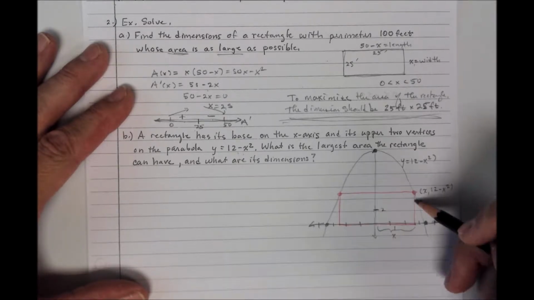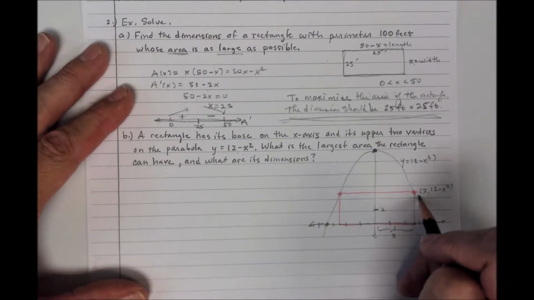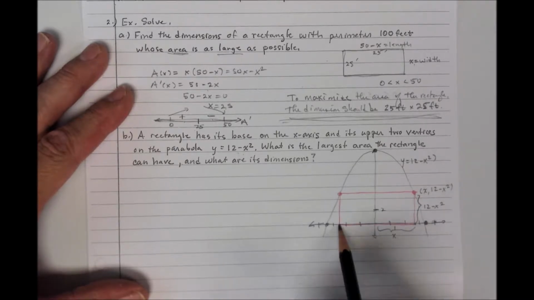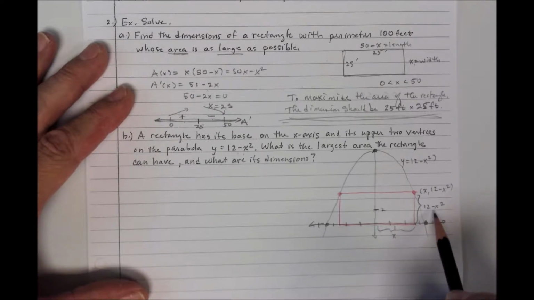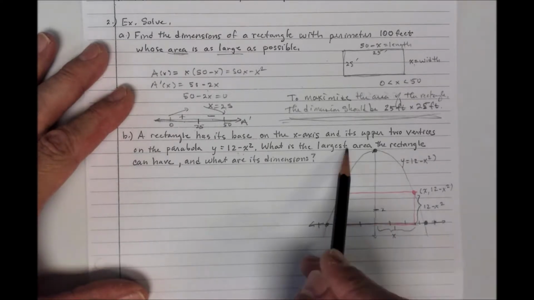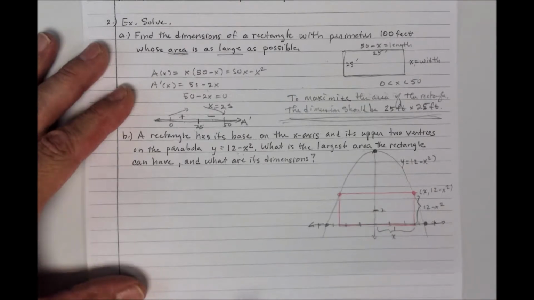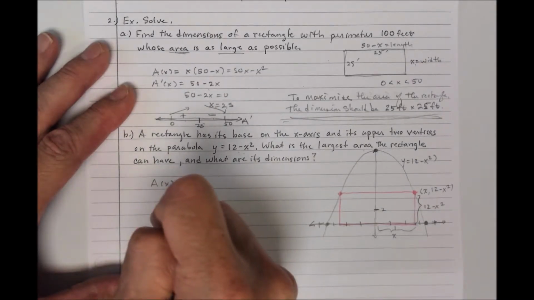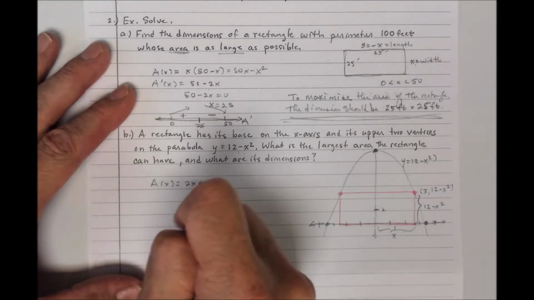This distance here is 12 minus x squared. So that means my base is twice x, it's 2x, and my height is 12 minus x squared. It says what's the largest area, so I've got to use the area formula. So A of x is equal to 2x times (12 minus x squared).